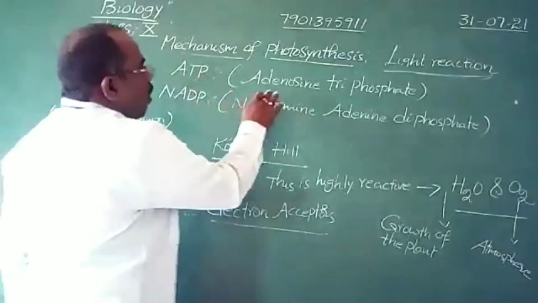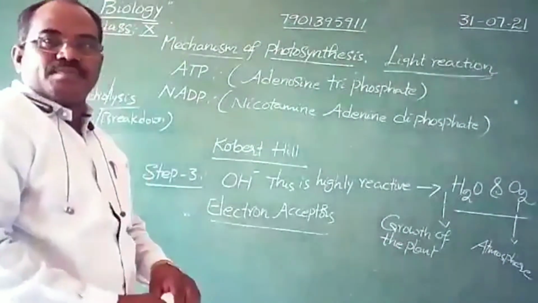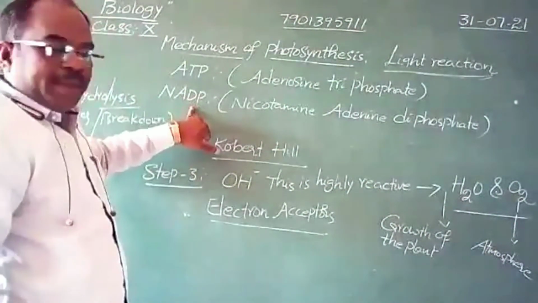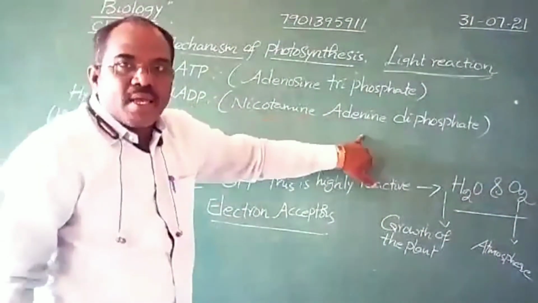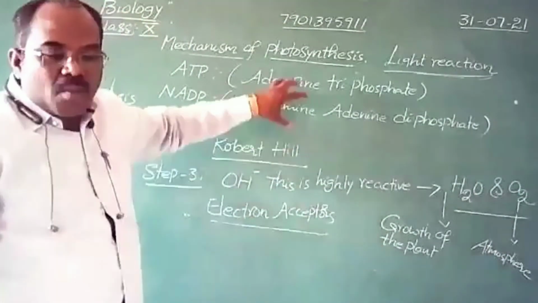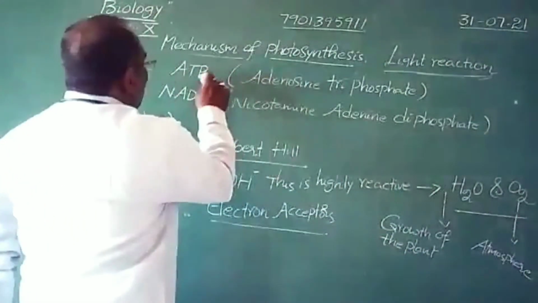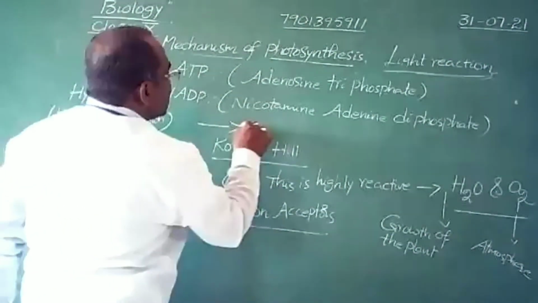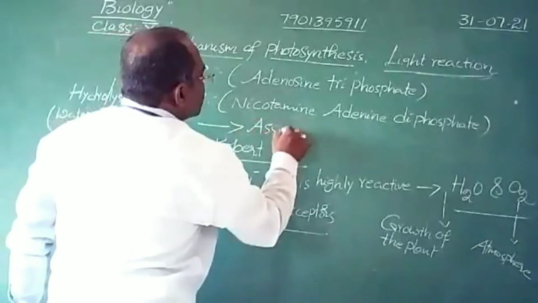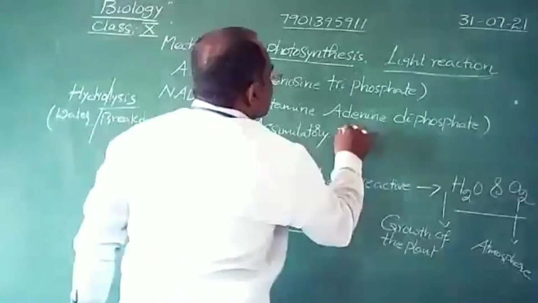What is the full form of ATP? Adenosine triphosphate. NADP, nicotinamide adenine diphosphate. These compounds are formed. These are also known as assimilatory powers.